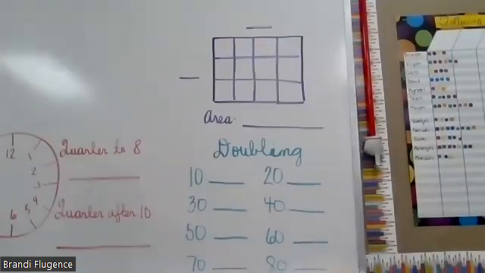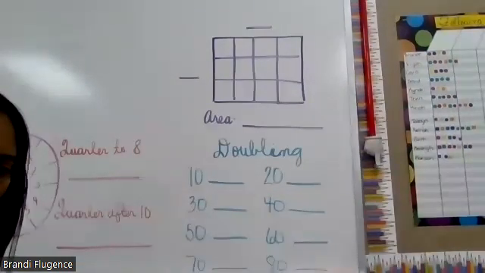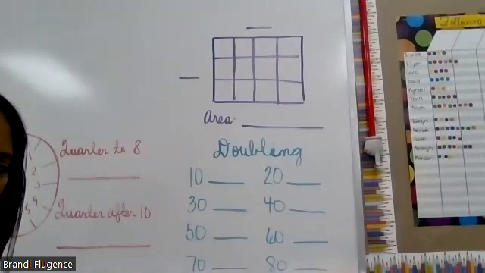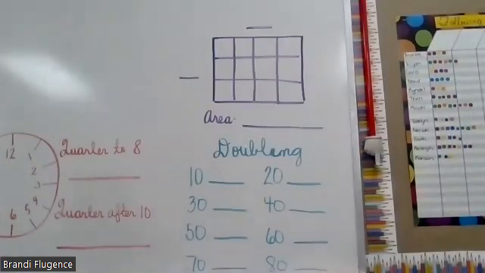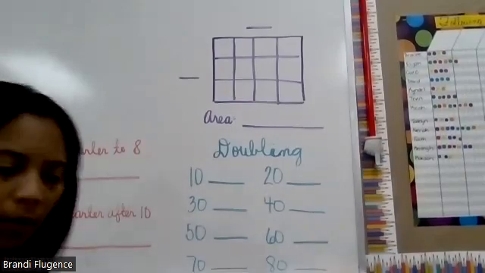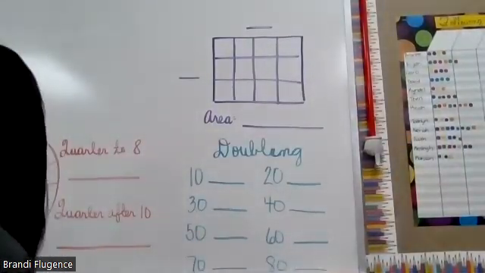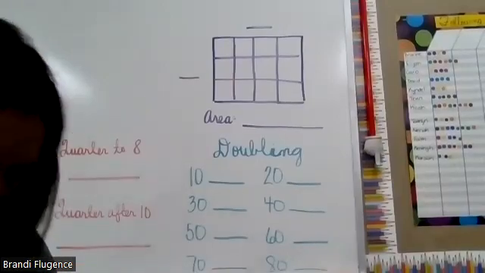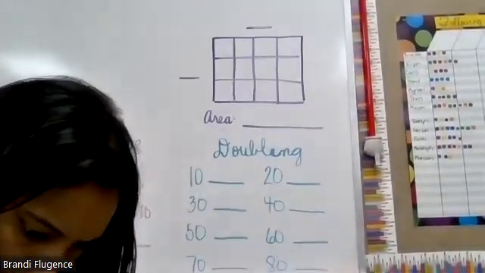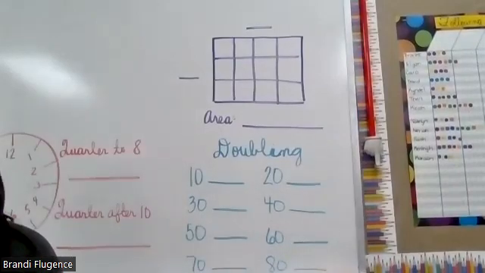Try again. 3 times 4 equals 12. 12. 3 times 4 is 12. 5 times 7 equals 40.